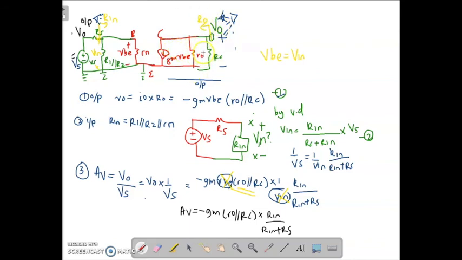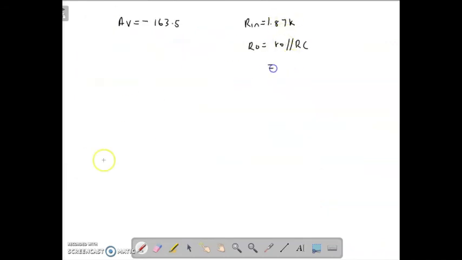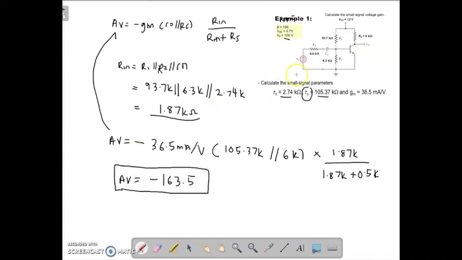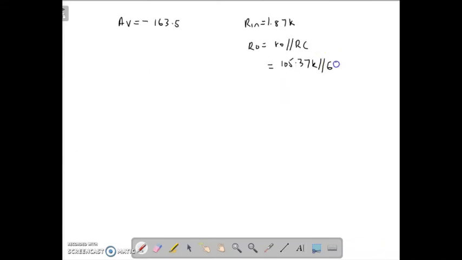But the small R out is inside your BJT. So how are you going to find R out? Your R out just now is equal to 105.37 kilo ohm, and your RC is 6K. And you can get your R out. So your R out is 5.73 kilo ohm. Okay. So back to the voltage gain.